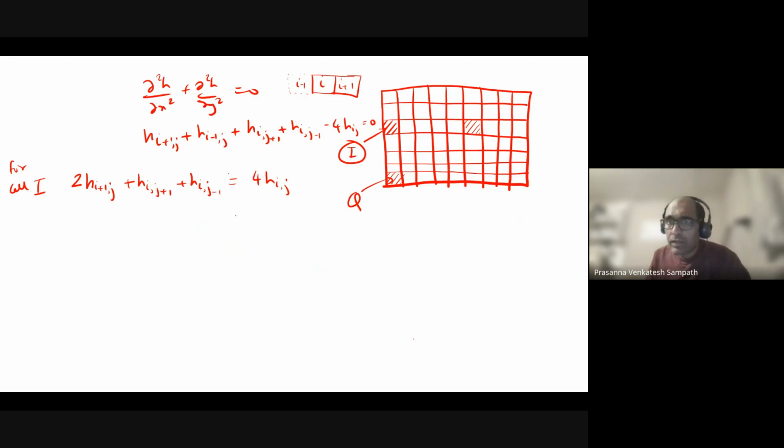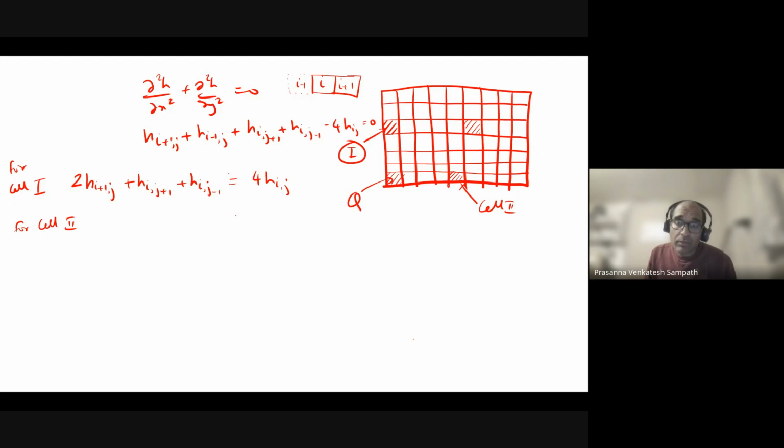Okay, now similarly, if you take any cell in this boundary, again this boundary also didn't exist before. Now let's call this cell 2. This is cell of type 2. Okay, so for cell 2, what will I do? I'll do something similar. It has an i plus 1, it has an i minus 1. What it doesn't have is a j plus 1. It has a j minus 1, but it doesn't have a j plus 1 cell.